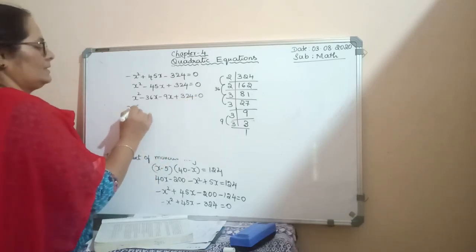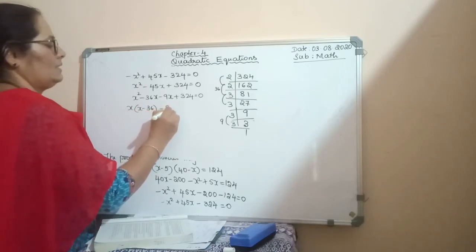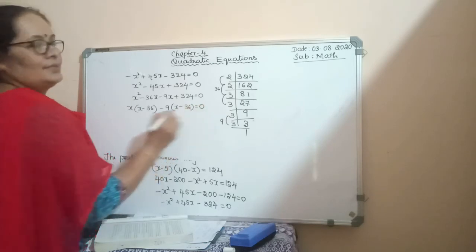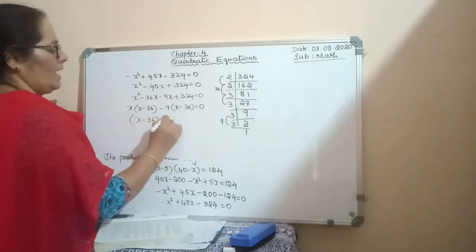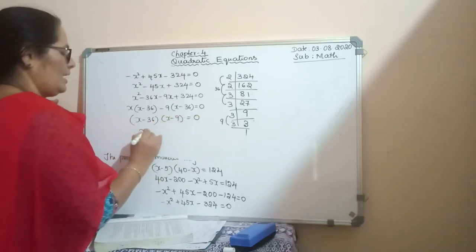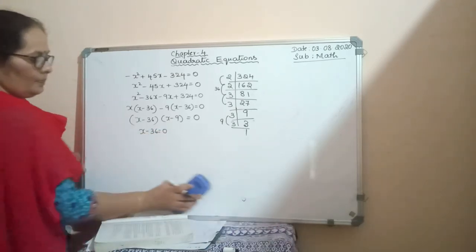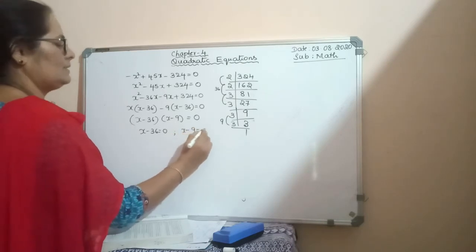Now x is common here, x minus 36, and here 9 is common, x minus 36 equals 0. So x minus 36 and x minus 9 equals 0. So x minus 36 equals 0 and x minus 9 equals 0.